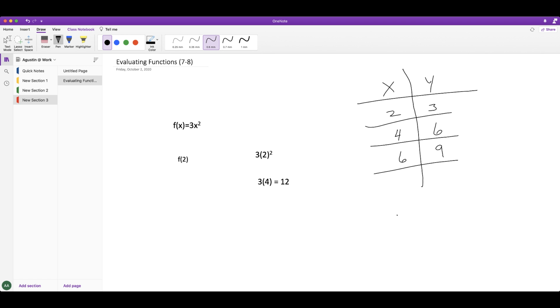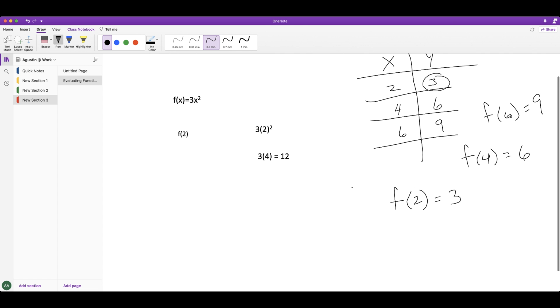And then they ask you what is f of 2. Well, it's equal to 3. All I'm doing is getting that number from there, right? What is f of 4? That's 6. What is f of 6? It's 9, right?